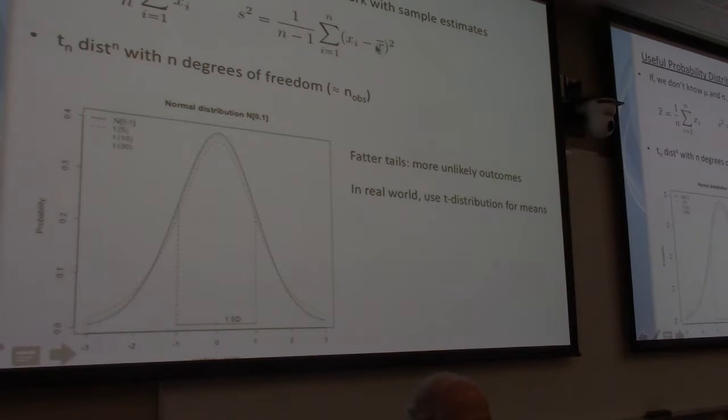Like here we lose a degree of freedom because we have to estimate the mean. And so instead of n degrees of freedom, we would have n minus 1. And I know I've already covered this, but just remember that with the t distribution, unlikely events out in the tails happen more often. And so that's why you don't want to underestimate unlikely events, and that's why we use a t distribution.